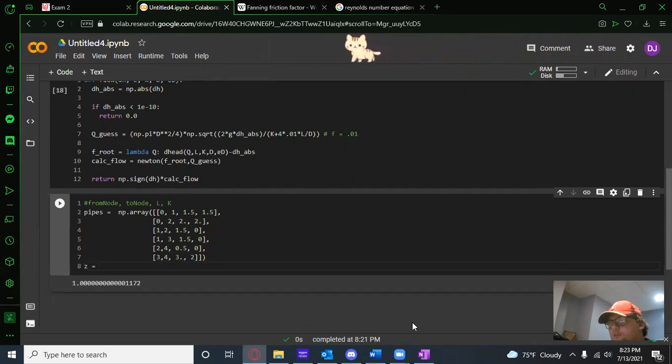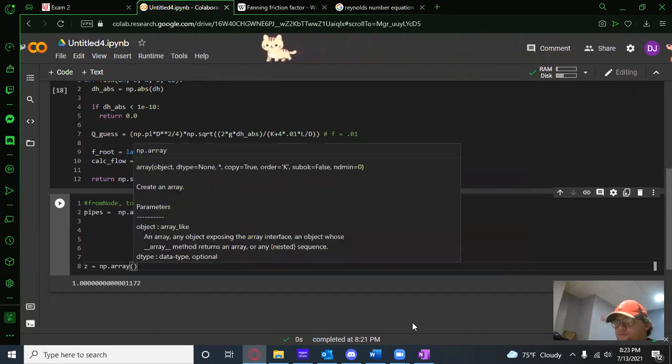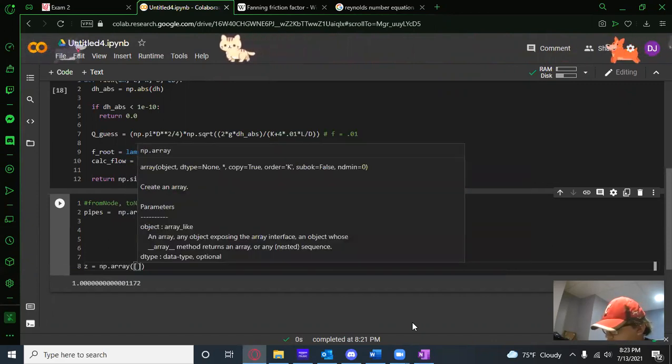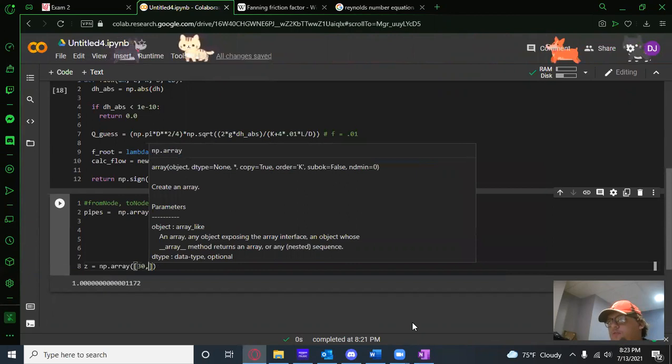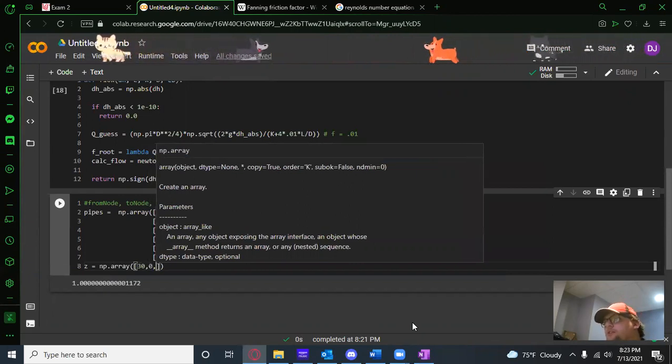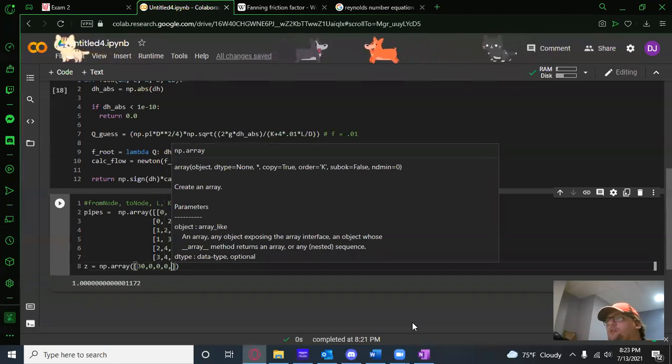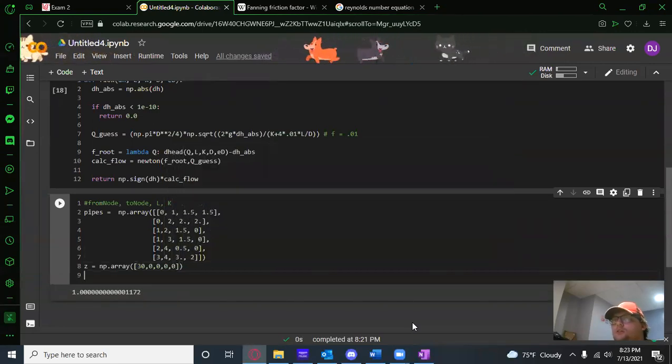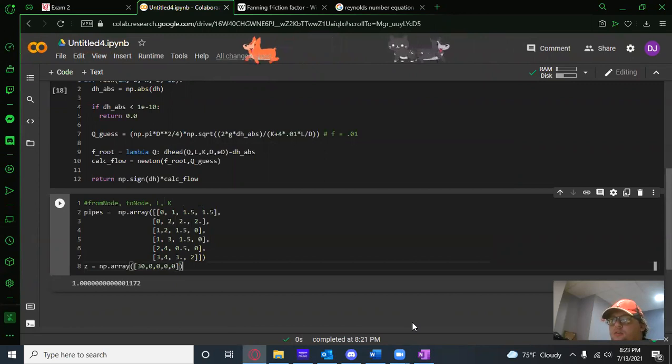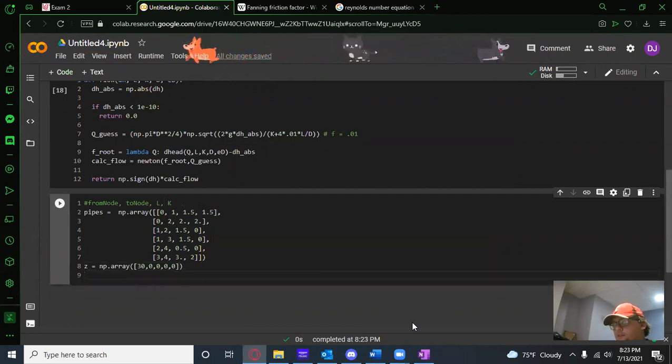Before I do that, I'm going to go ahead and create our Z array. So we have 30 meters for our first node, node 0, and then just 0 for the rest. So we got node 1, node 2, node 3, node 4. Run that.